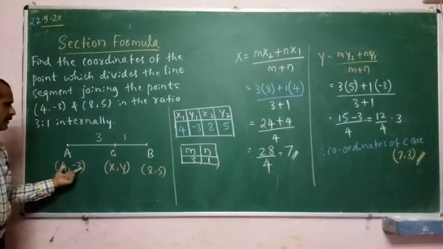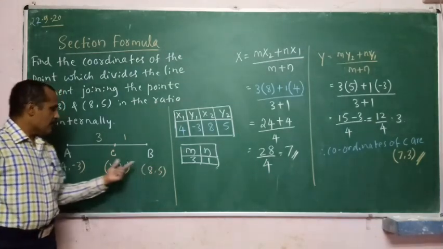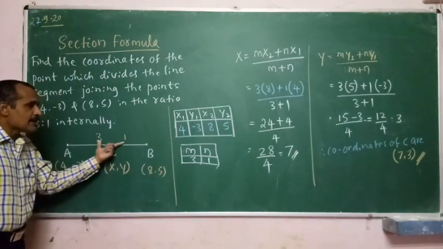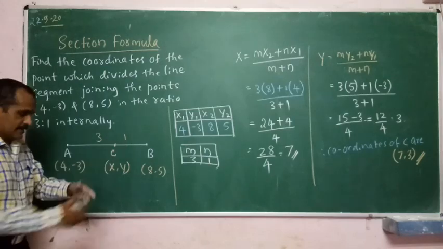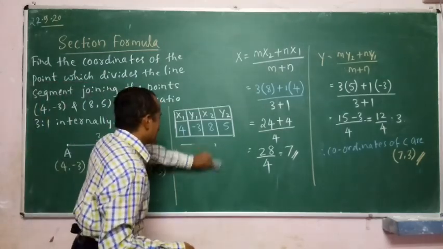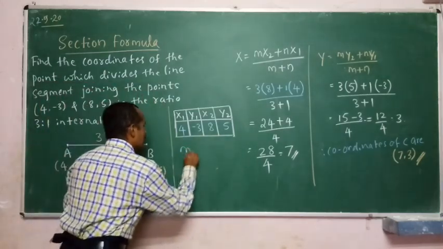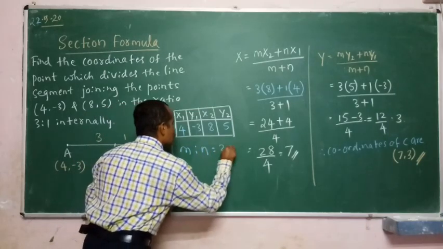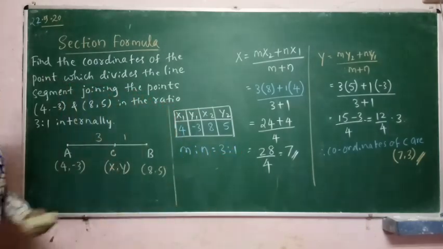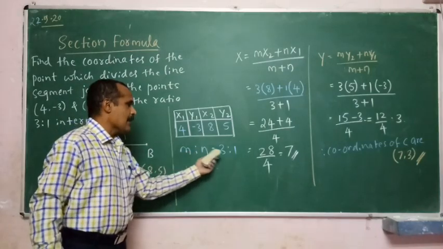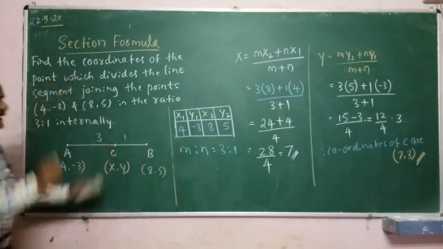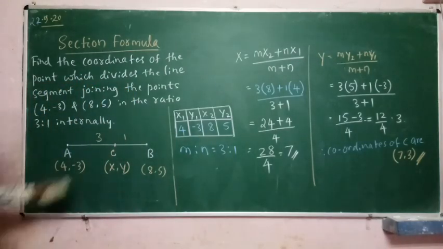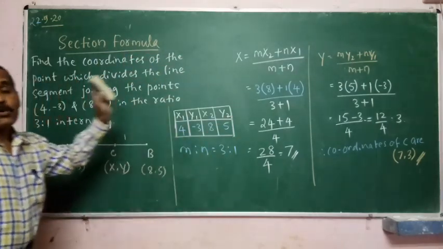They have given x1, y1, they have given x2, y2, and they have given the m:n ratio. Because it is a ratio, I can't say exactly m is equal to 3; so I can write m is to n is equal to 3 is to 1.